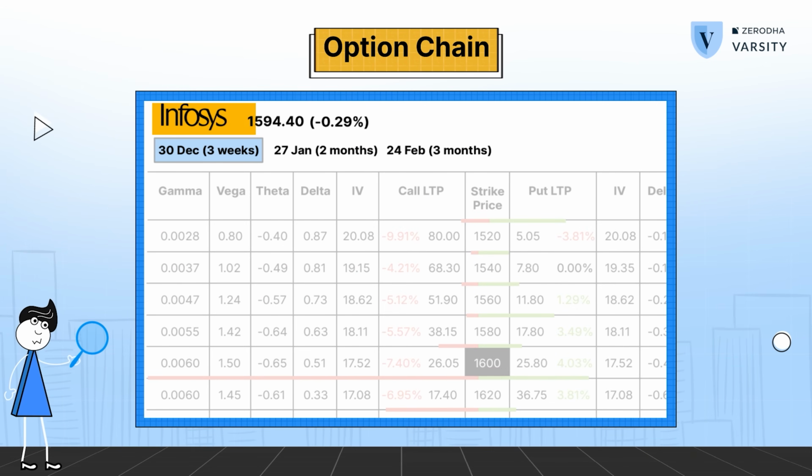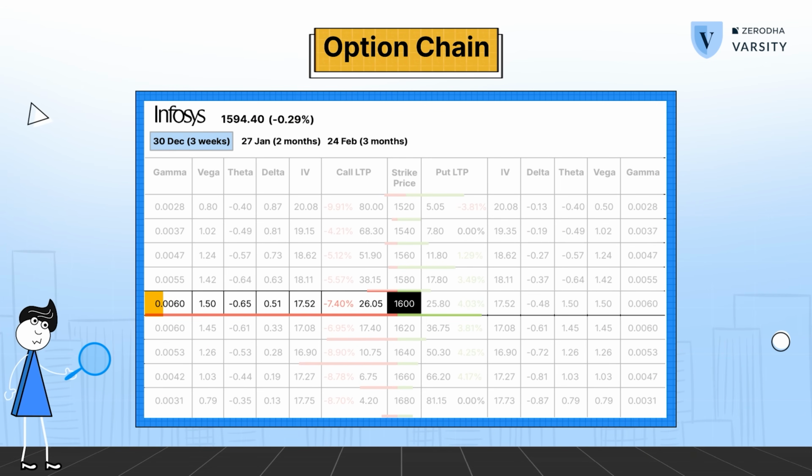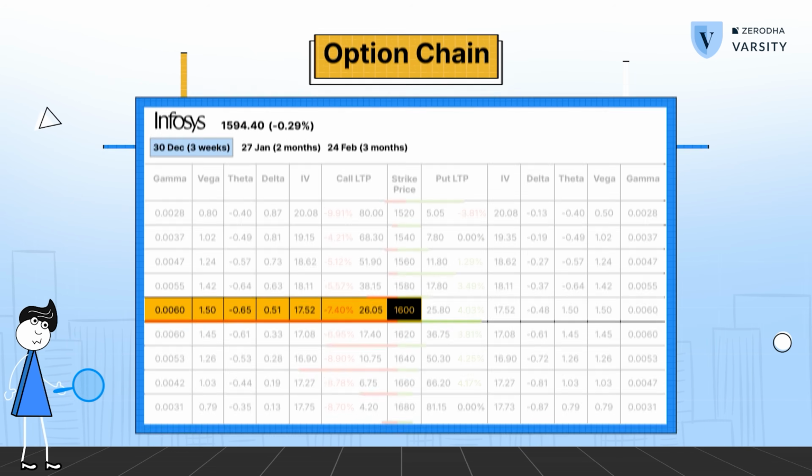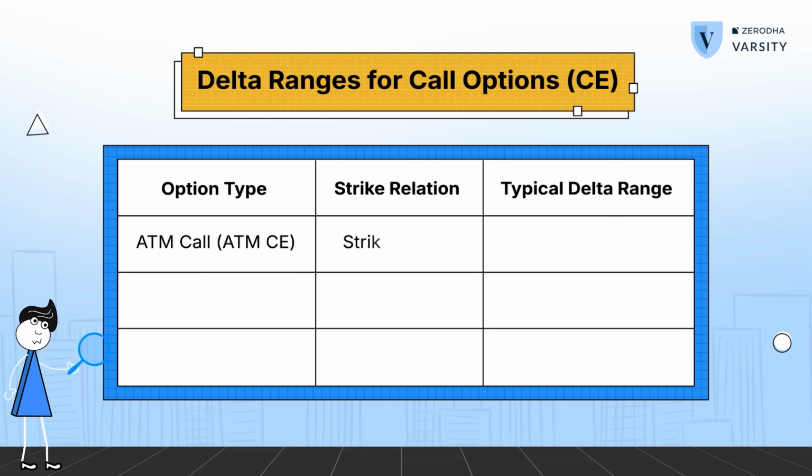Going back to the Infosys example we discussed a little earlier, Infosys spot price was 1,594 and we were discussing the 1,600 call option. We know 1,600 is at the money option, and from the delta table, the delta of an at the money call option should range between 0.45 to 0.55, which is what we got from the option chain as well.